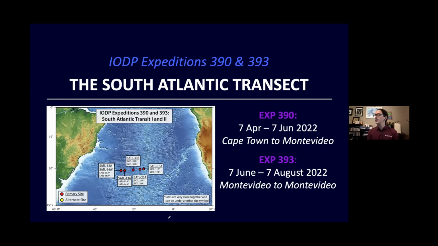Currently, the plan is for Expedition 390 to leave on the 7th of April in 2022 and spend 2 months at sea, followed immediately by Expedition 393, June to August. Originally there was going to be 6 months between those two cruises, and one of the nice things that has come out of this unfortunate overall situation is that these cruises are now back to back.